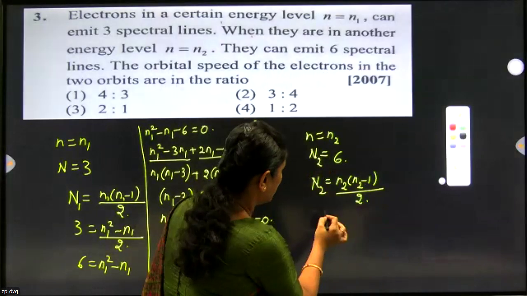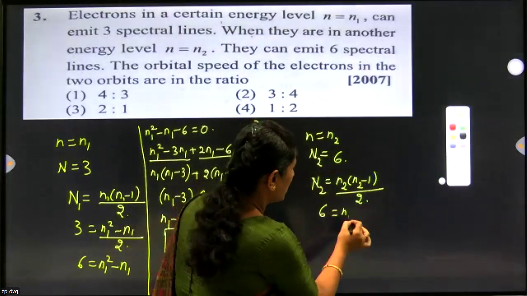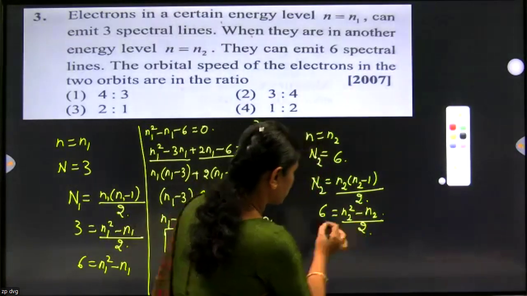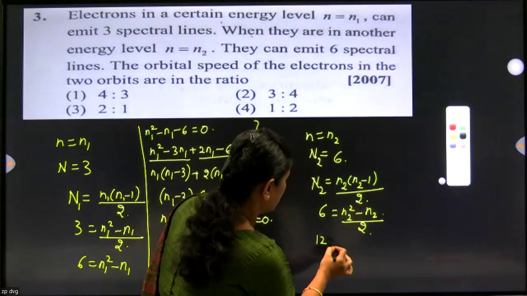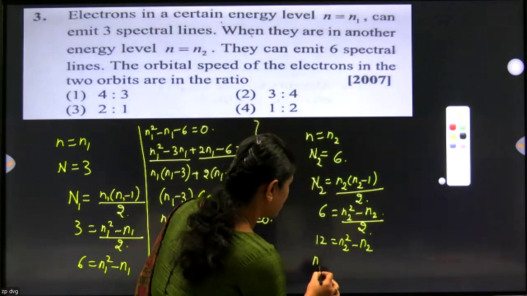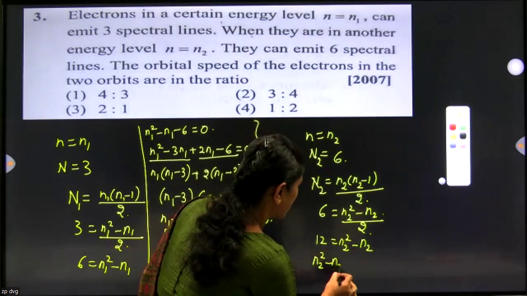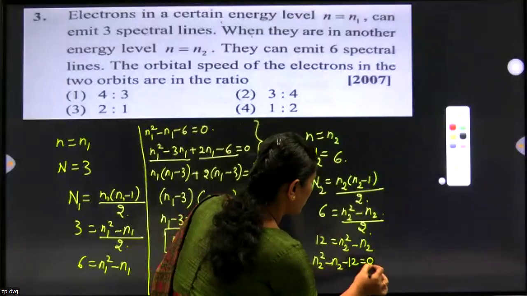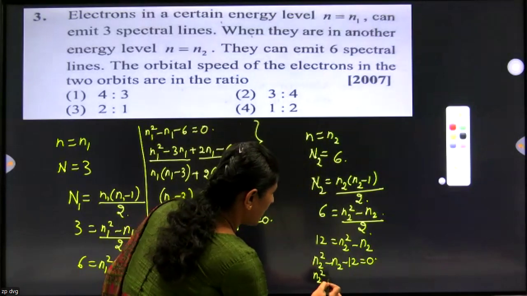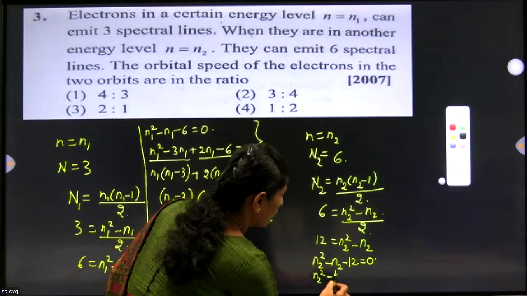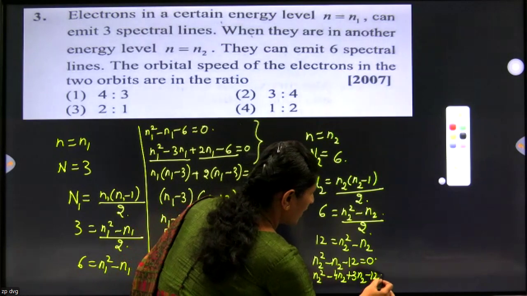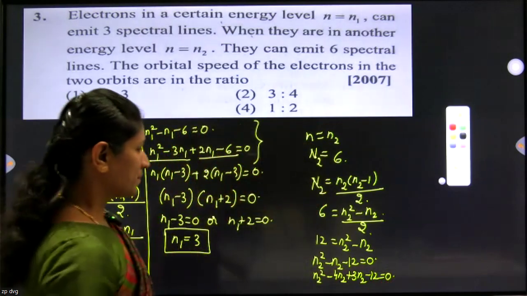They given 6, so 6 is equal to n2 square minus n2 by 2. 12 is equal to n2 square minus n2, on rearranging n2 square minus n2 minus 12 is equal to 0. This equation can be written as n2 square minus 4n2 plus 3n2 minus 12 is equal to 0.